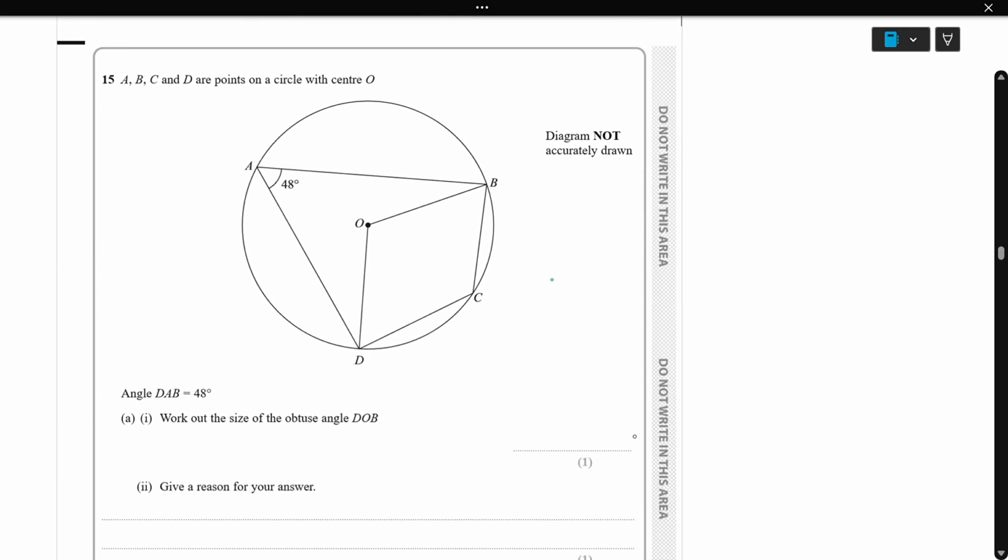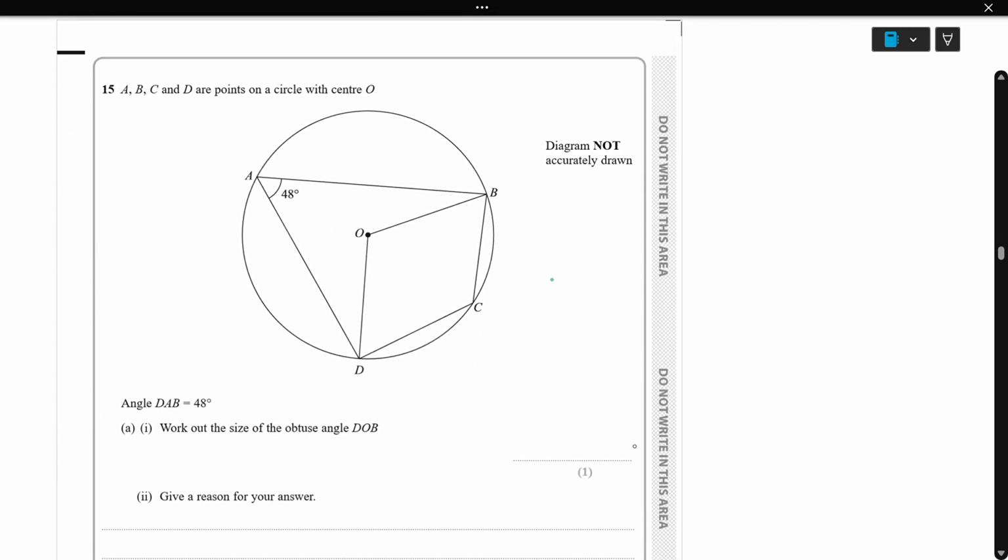Next, question 15. Here first, there is a circle theorem question. Angle DAB is 48 degrees. Work out the size of obtuse angle DOB. So we need to find this angle. As we know, this is 48, and this is double, so it's going to be 96. So the answer is 96.